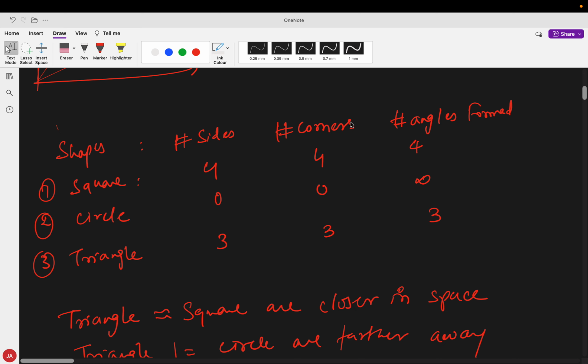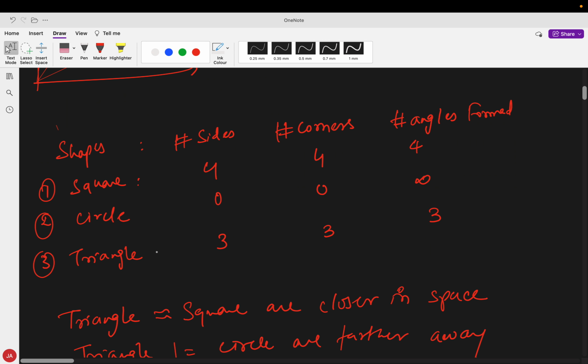There are three different classes present in my data set. For a square, the number of sides is 4, the number of corners is 4, and the angles formed inside the square is 4. For a circle, the number of sides is 0, corners 0, and angles formed are infinite. For a triangle, the number of sides is 3, corners 3, and angles formed are also 3.